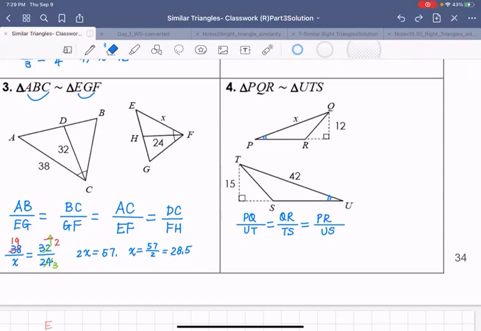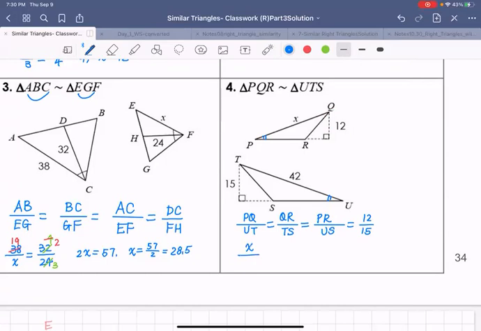Who else? The altitude also. Yeah, we can write down the numbers now. Okay. 12 over 15. Very good. And we want to find out X. X is PQ, right? Yeah.